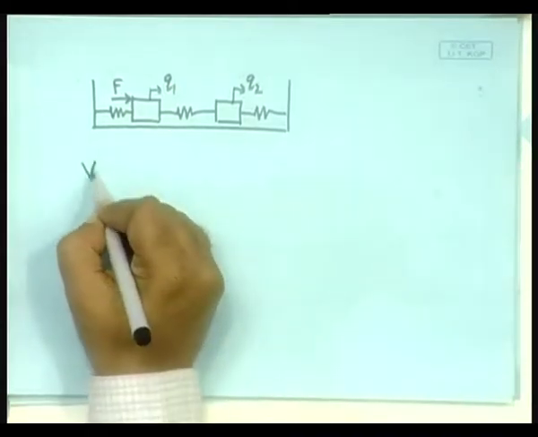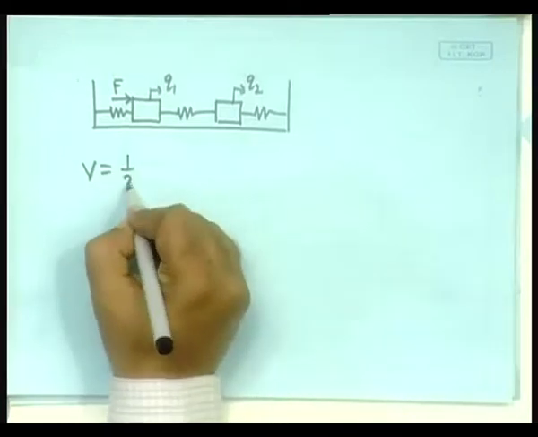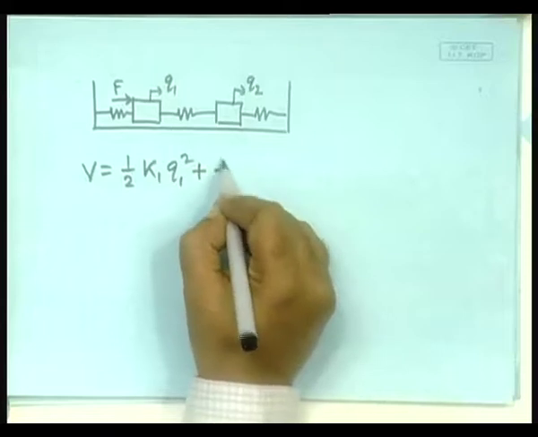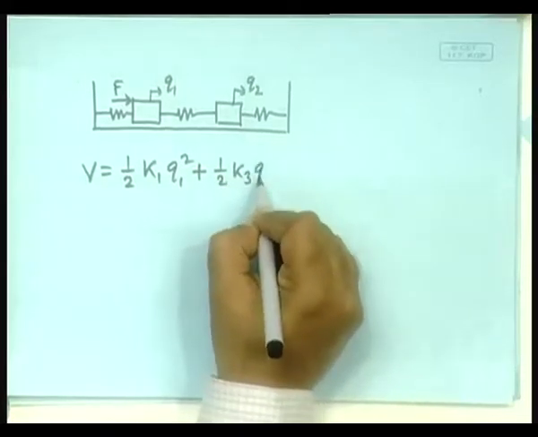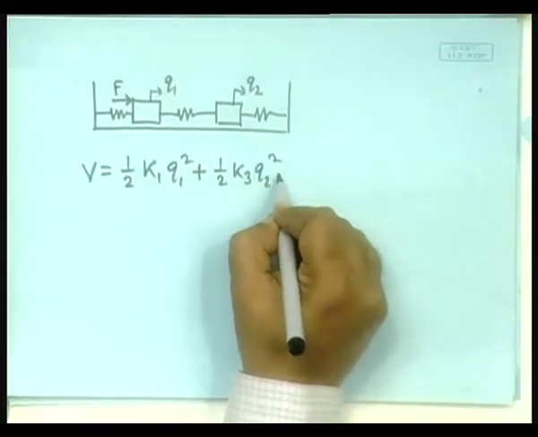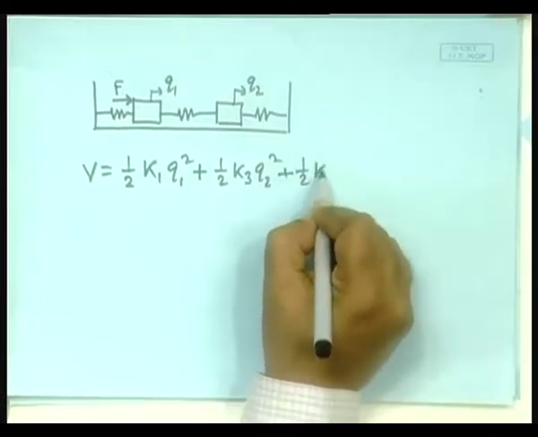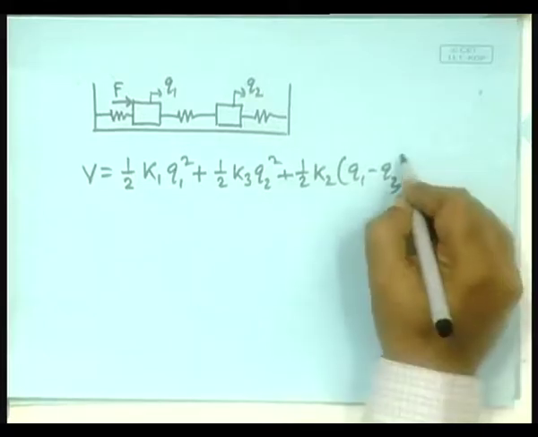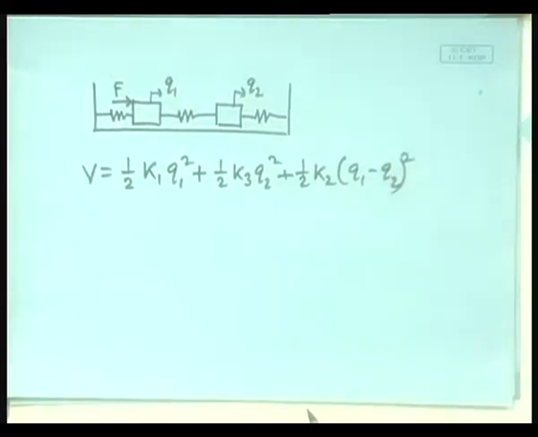So let me write V equal to half K1 Q1 square plus half K3 Q2 square plus half K2 (Q1 minus Q2) square. This remains.